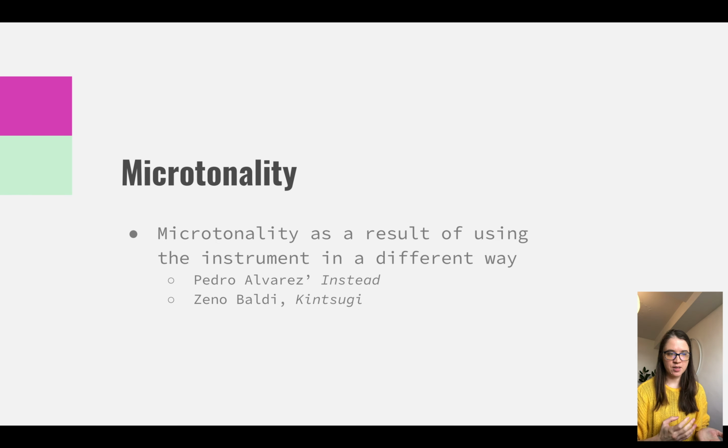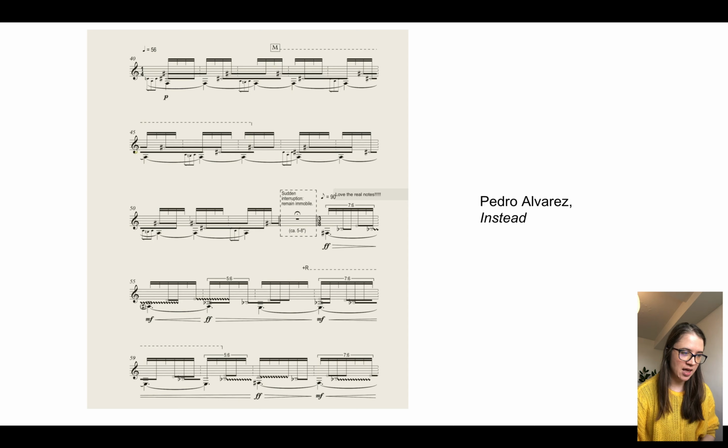Another way to end up with microtonality is to have it appear as the result of your compositional process. A nice example of that is from Pedro Alvarez. Now the score is a little bit tricky to get one's head around, but I'll try to explain it. The notes on the bottom that are in black are the core fingerings.